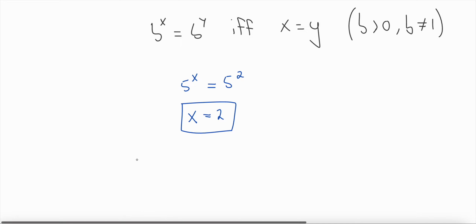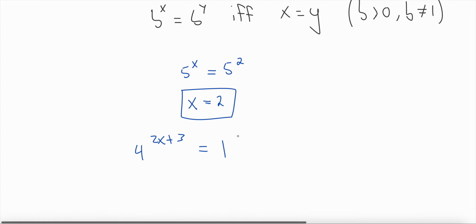We have 4 to the 2x plus 3 equals 1. Now, we want both of their bases to be the same, but right now on the left we have a base of 4, and on the right side we can think of this as a base of 1 raised to the first power. How can we get the bases to be the same?